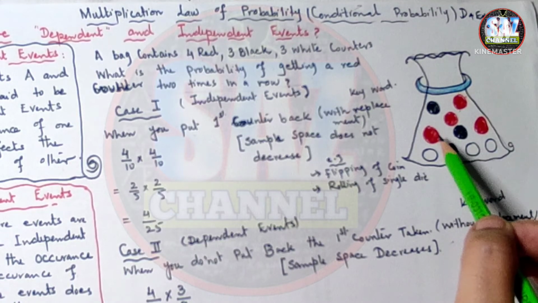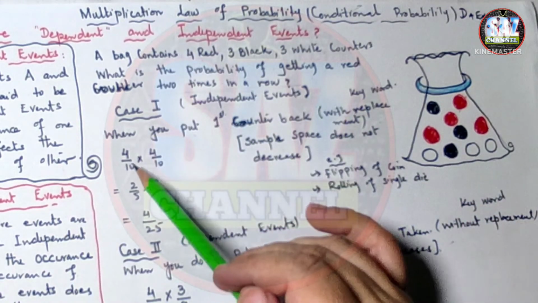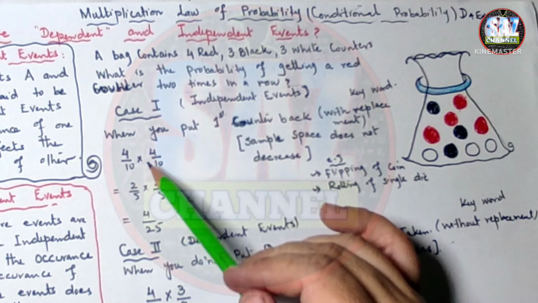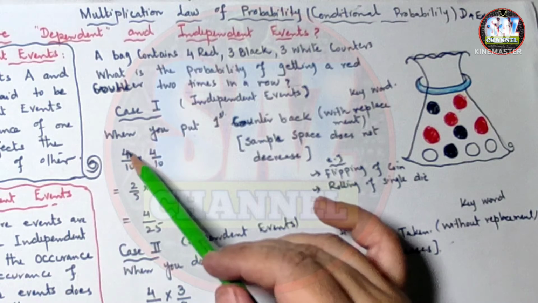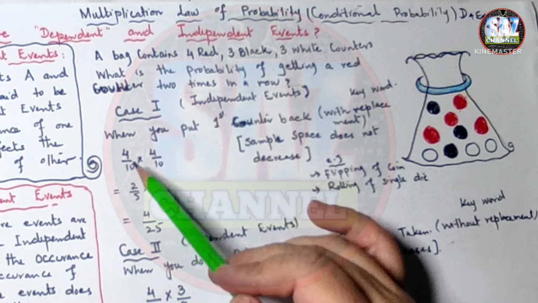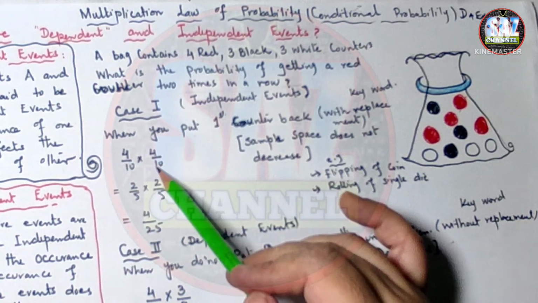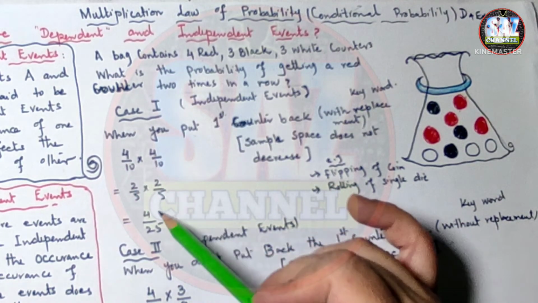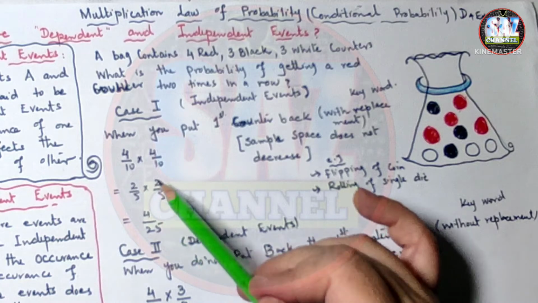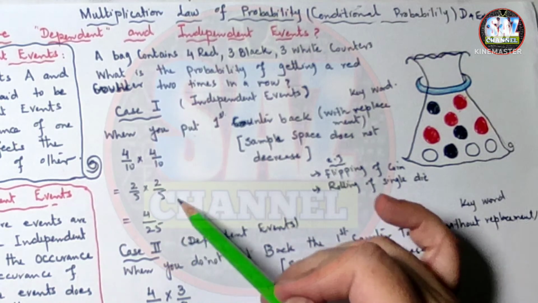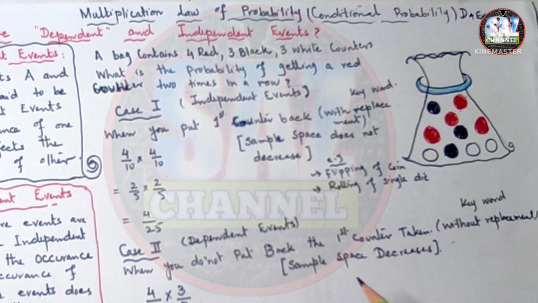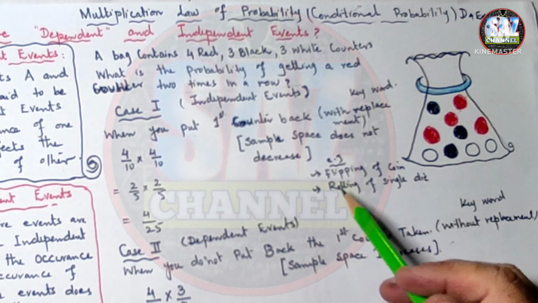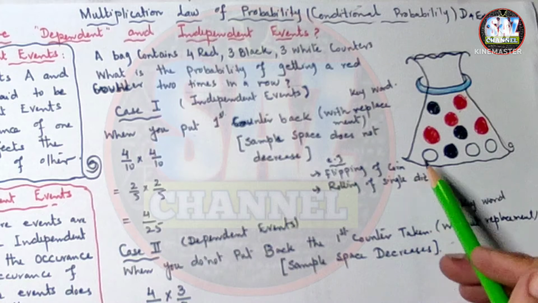So in this case, the probability that you will get 2 red counters in a row will be the chances of the first red counter times the chances of the second red counter, that is 4 by 10 multiplied by 4 by 10, or that can reduce to 2 by 5 times 2 by 5, or 4 by 25. For the case of independent events, you can take the idea of flipping a coin or rolling a single die.